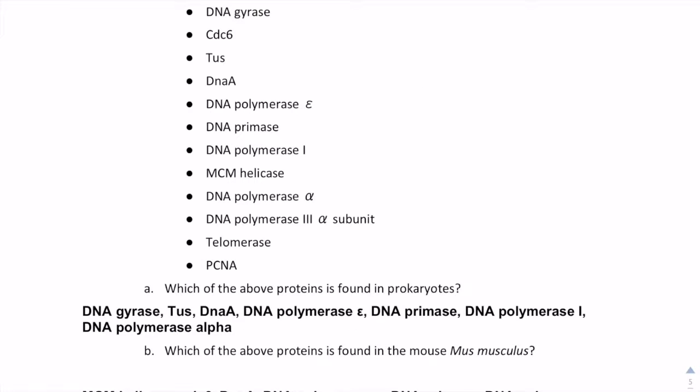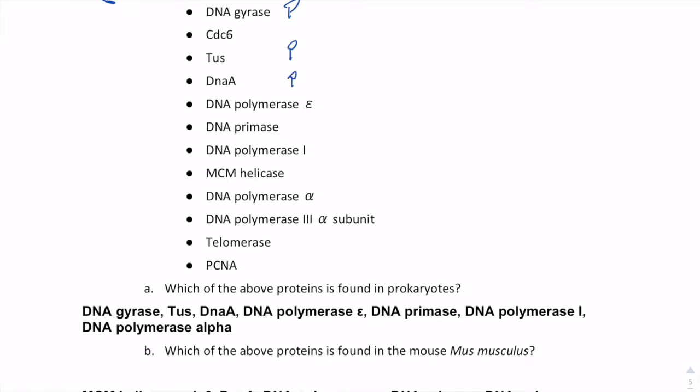Okay, so for number 5, we found the easiest way to do this one is after you go through the reading, if you can remember or go back through, just write next to each one of these which one is involved in prokaryotes and which one is involved in eukaryotes. From the reading, DNA gyrase is found in prokaryotes. The Tus is a termination factor in prokaryotes.